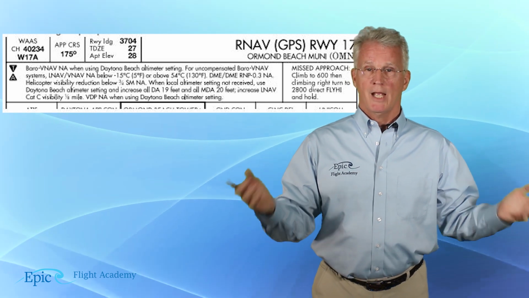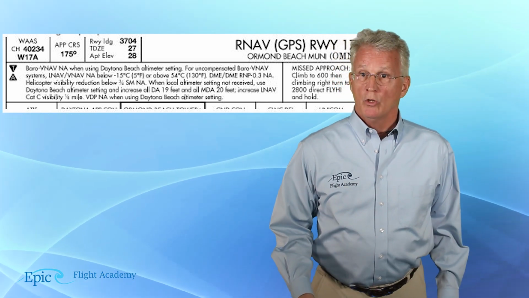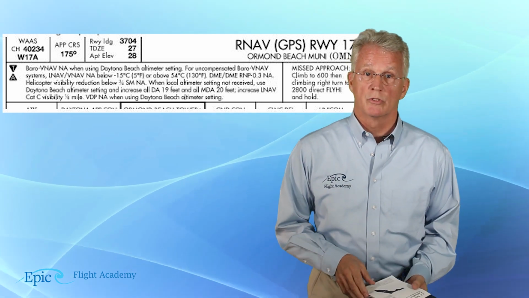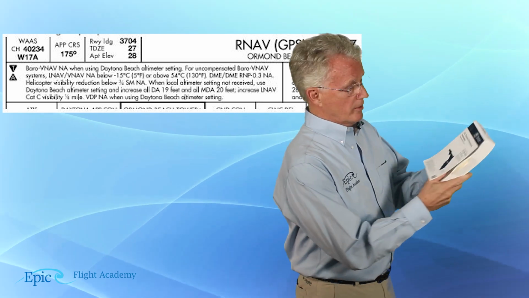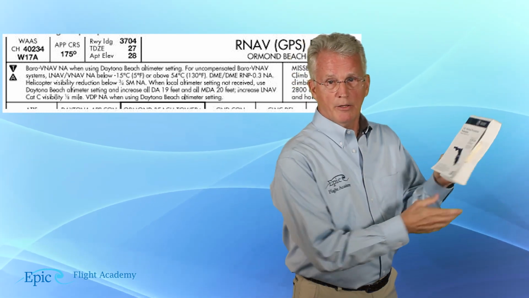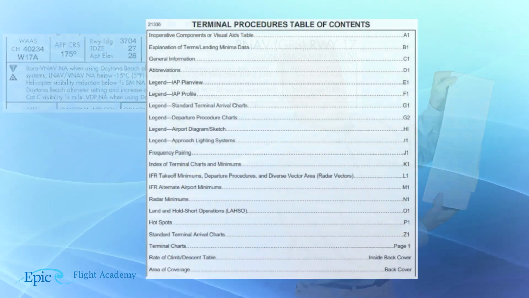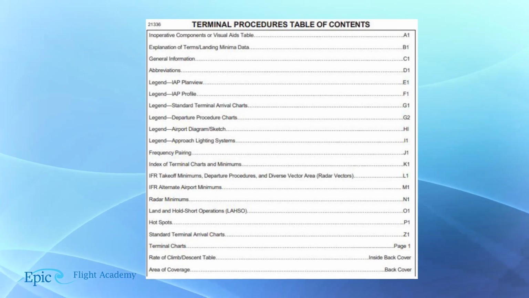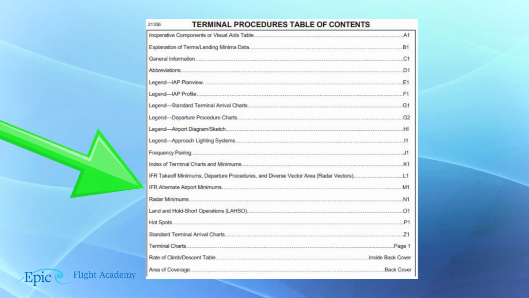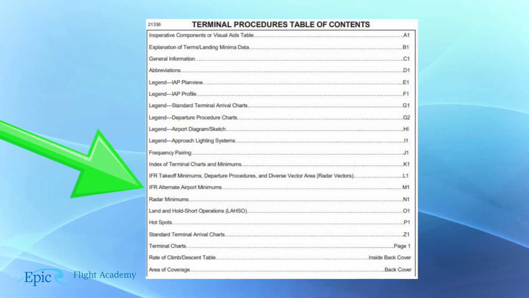Simple. And again, if you've been following along in my videos, you know that I stress the use of the table of contents. Well, here's the TERPS, and here is what the TERPS table of contents looks like. Now, looking at section M, I see IFR alternate airport minimums listed by airport.